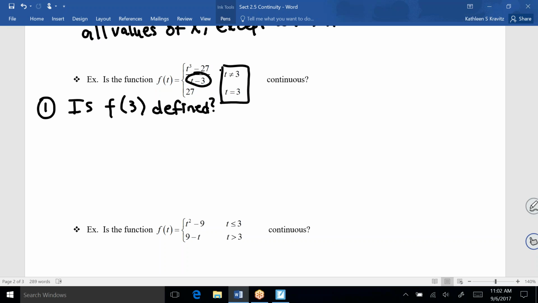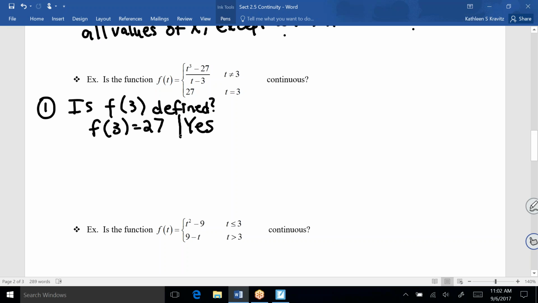We can see that it is defined, because here we see that when t is equal to 3, the value of the function is 27. So f of 3 is equal to 27. So yes, that passes the first test.